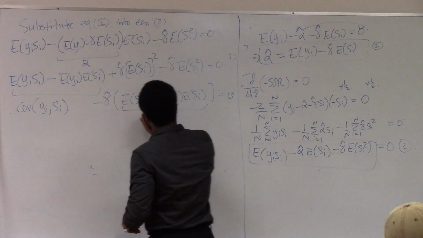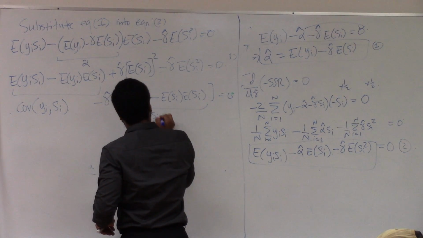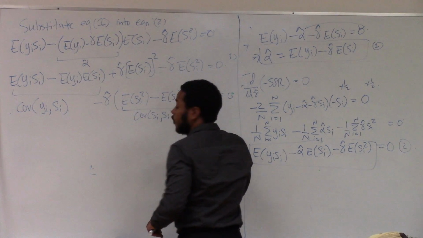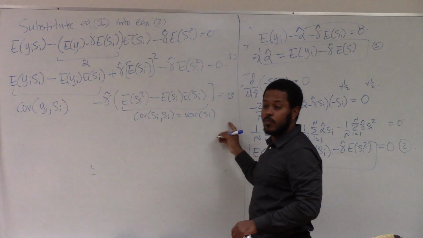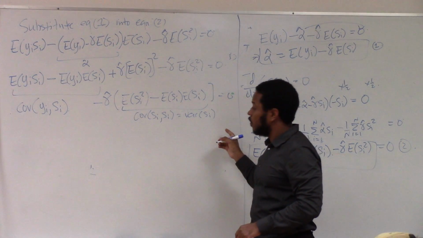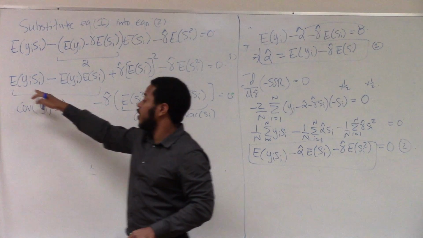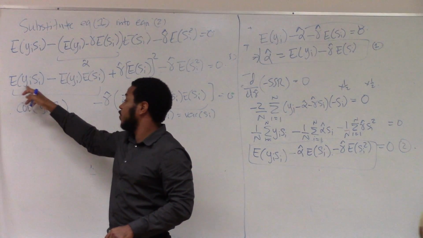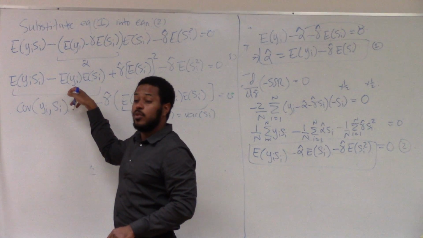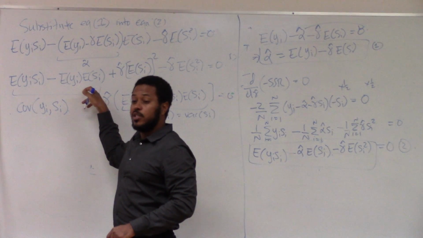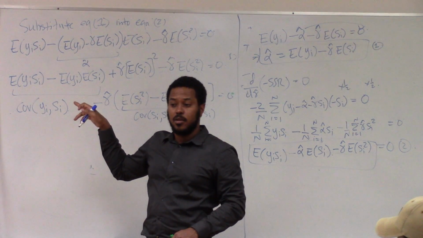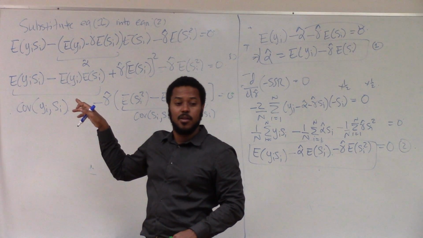And this term here is the covariance of si with itself, which is the same thing as the variance of si. Everyone sees that? This is just by definition. The covariance of two things is the expected value of the product of those two things minus the product of their individual expected values. So this is just a definition. Any questions about that?